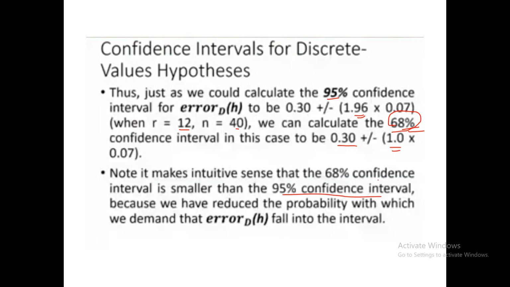So the 68% confidence interval is smaller than the 95% confidence interval, because we have reduced the probability with which we demand that your true error falls in that particular interval. Now this is about the sample error, true error and confidence interval.